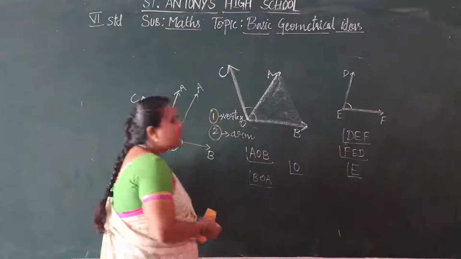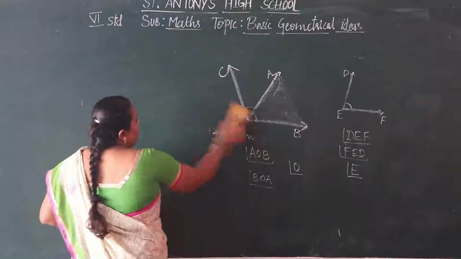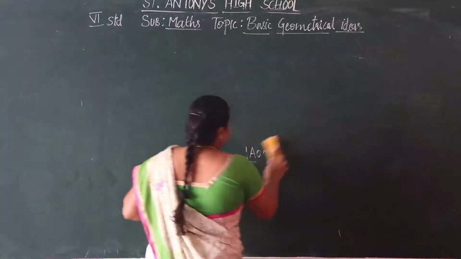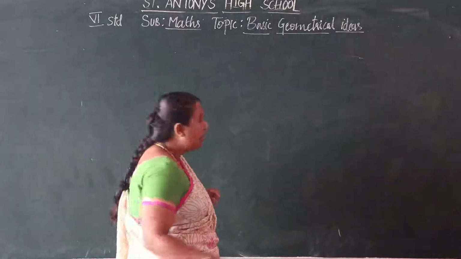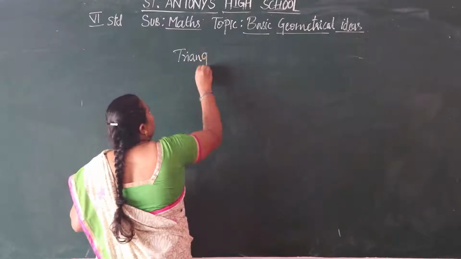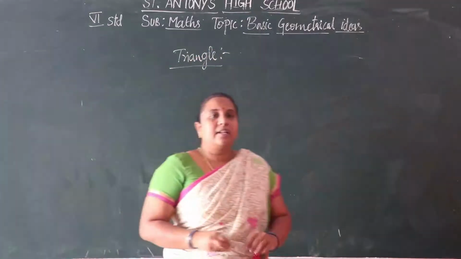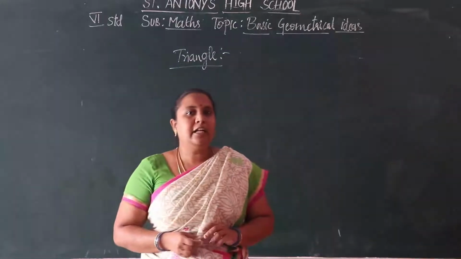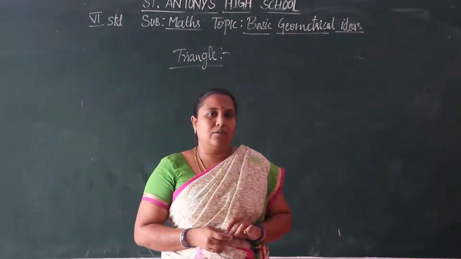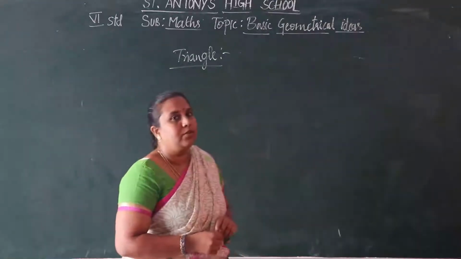Now let us move on to another topic, triangles. So what is meant by a triangle? A triangle is a three-sided plane figure, three lines joined together.